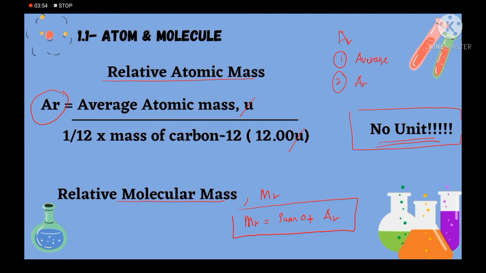For example, if they ask you for the relative molecular mass of H2O, the first step is to get the relative atomic mass of hydrogen and the relative atomic mass of oxygen, and the relative molecular mass is just adding up these two. Alright, can you get it?